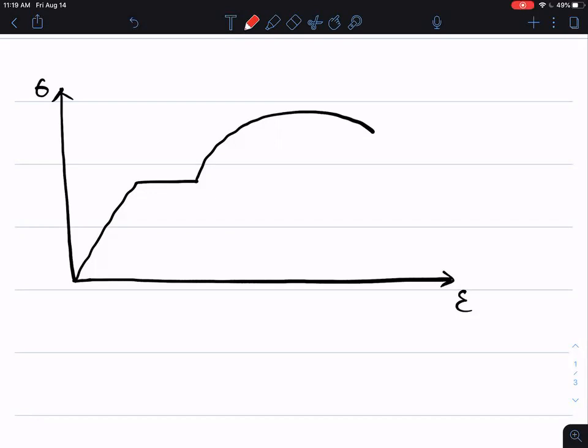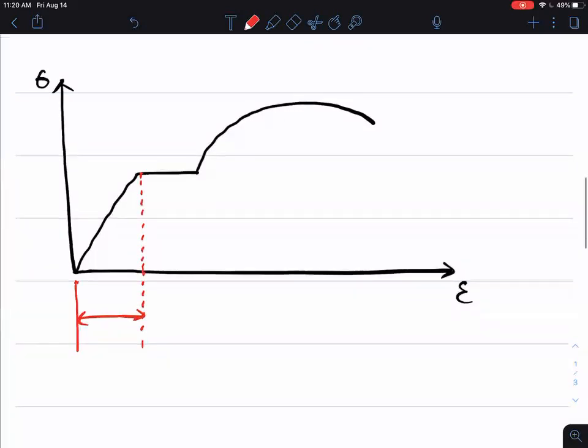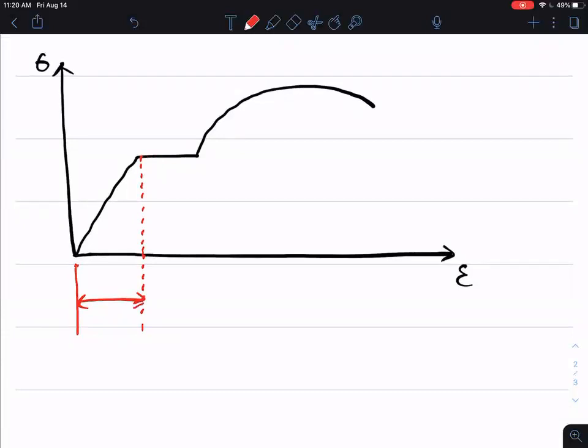So in this curve, start from here. Before this dashed line, this is called the elastic region, and that shows the elastic behavior of the material.